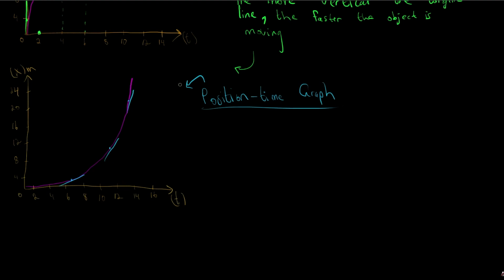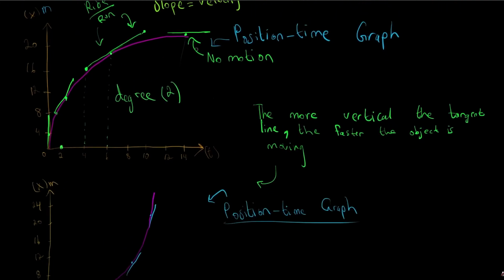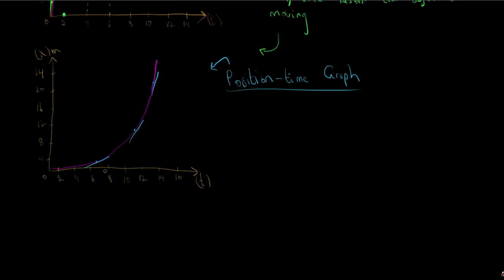So the difference between these two is that one is slowing down because its tangent line is becoming less vertical. And in this case, the more time it takes, it's becoming more vertical, meaning that it's moving faster and faster.